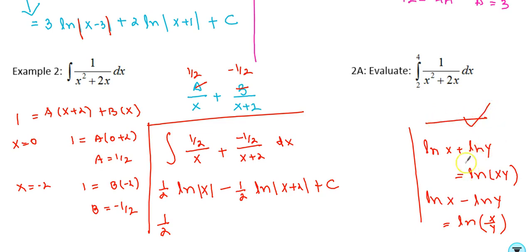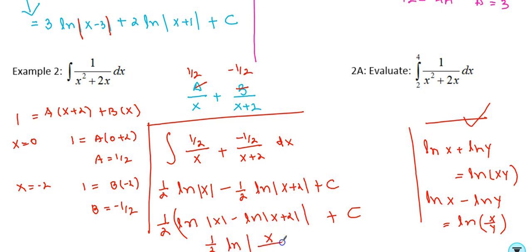You must know these, because many times in a multiple choice question you will not see this answer. This answer will be simplified, which would be 1/2 ln of x over x plus 2, I can factor out 1/2, and ln x minus ln x plus 2. The c will be out, and the simplified answer in a multiple choice would look something like this.